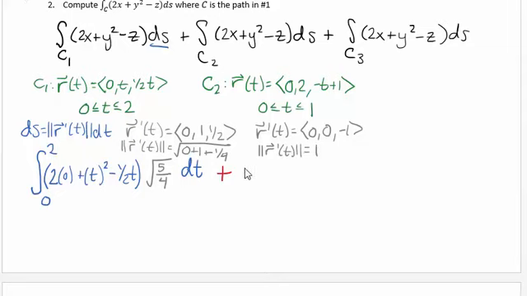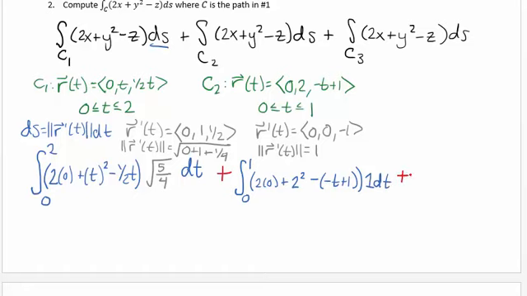And then my integral, I'm setting up my bounds, right? The bounds in this case are 0 to 1, since those were the starting and ending t values for that parameterization. And then I again want 2x plus y squared minus z, except I'm replacing the x, the y, and the z with, in this case, 0, 2, and -t plus 1. So that we've got that function times ds, which in this case is just 1 dt.